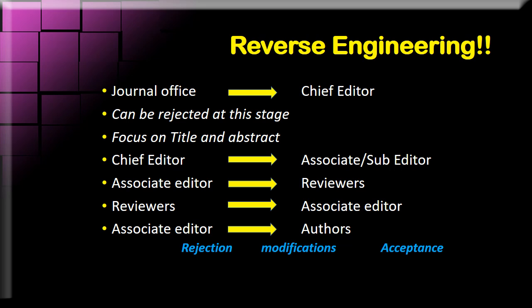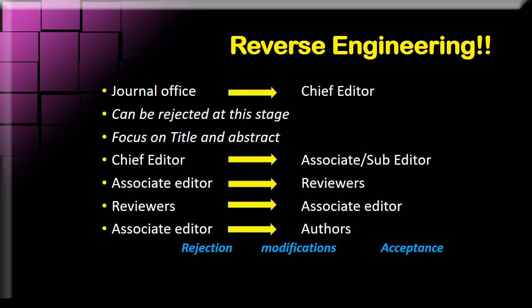The office sends it to the chief editor, and he may choose, depending on what you have written, to reject it at that stage itself. But this happens rarely. Most chief editors do not reject it at that stage, but would rather send it to an associate or a sub-editor.